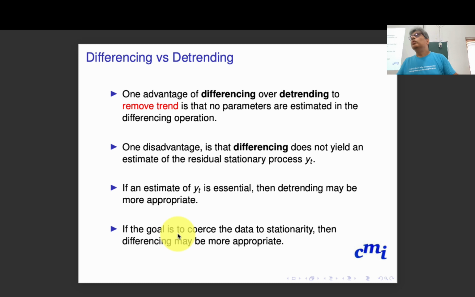So now what to do? You have two approaches. One is you detrend the series: fit a trend line, fit a seasonality line, get the trend, and get the residuals. Most likely the residual will itself be at least a mean stationary process, and you hope the autocorrelation structure will also be stationary.